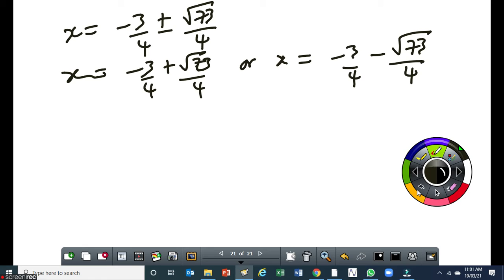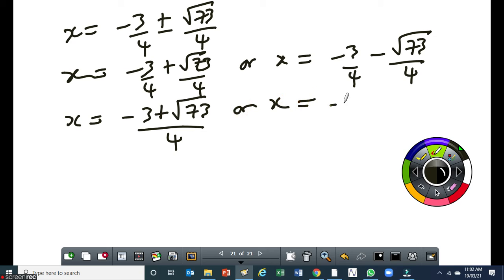Now, I want you to be aware that I can write this as x equal to minus 3 plus the square root of 73 all over 4. Also, this one can be minus 3 minus the square root of 73 all over 4. So can you use your calculator quickly to give me the answer to 2 decimal places?